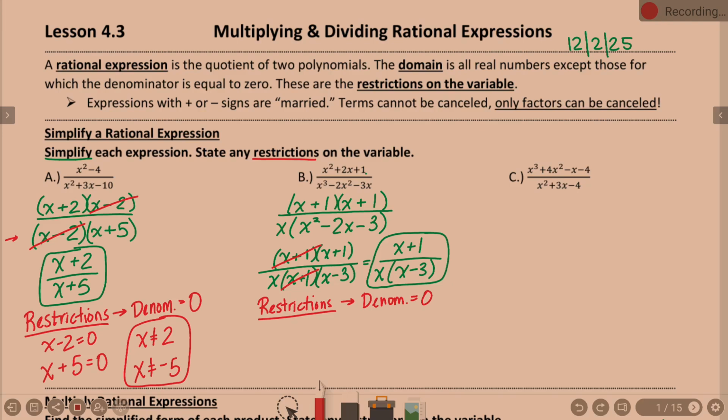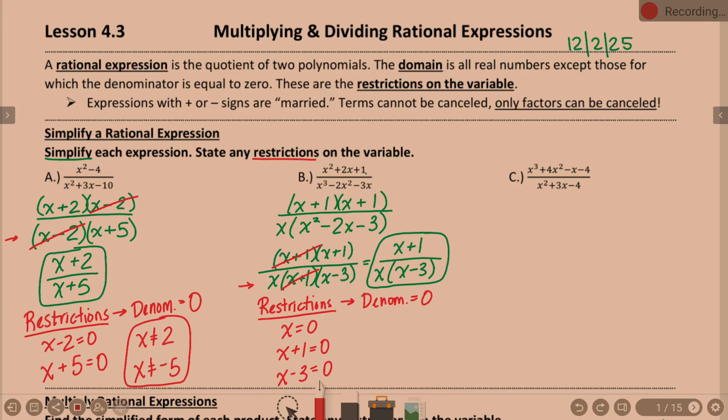I would use your factored form before you canceled anything out. So what's that mean? I'm going to be setting a factor of x equal to 0, a factor of x plus 1 equal to 0, and a factor of x minus 3 equal to 0, because all of those were in the denominator at some point.